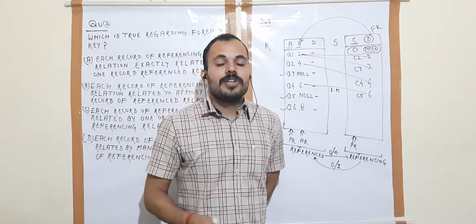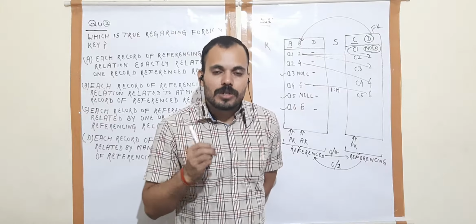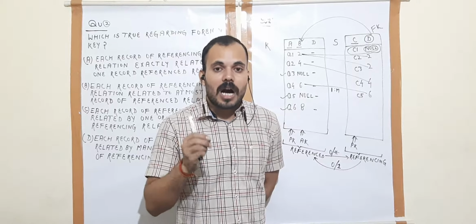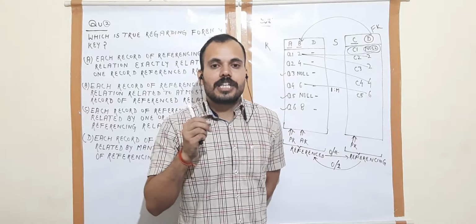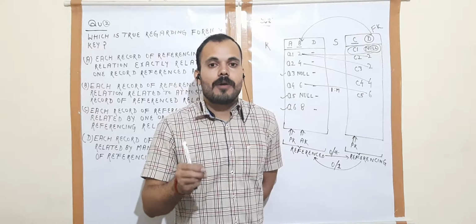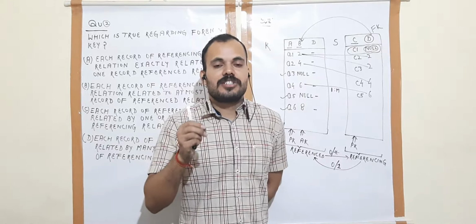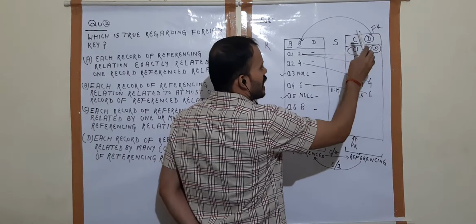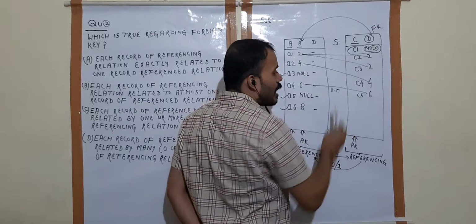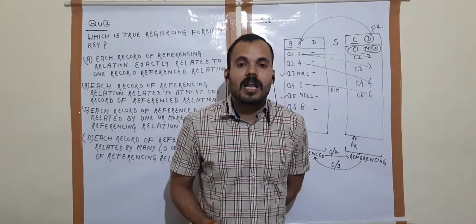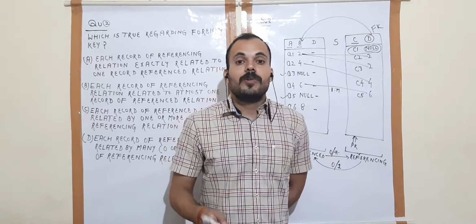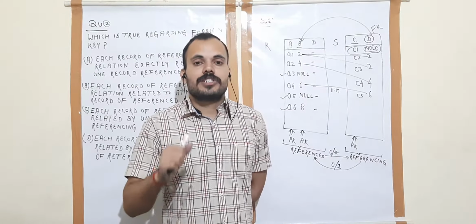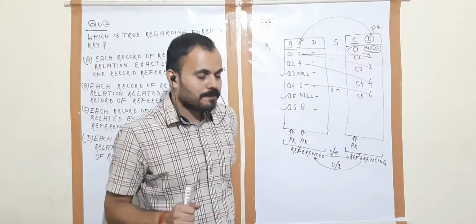Listen carefully, the record which contains the foreign key value null is out of the referential integrity constraint. So this record C1 null, which contains the foreign key D value null, is out of the referential integrity constraint.